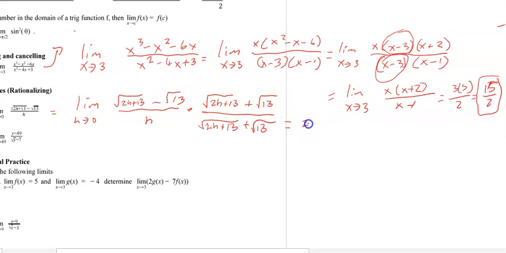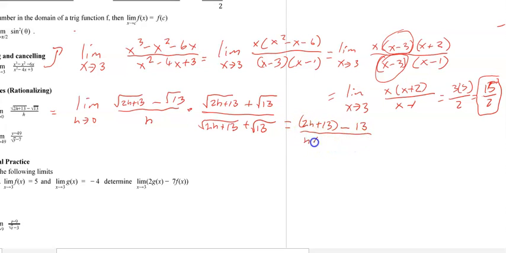So that would be 2h plus 13, the square of the first term, and then minus the square of the second term, which is minus radical 13 squared, which is 13.